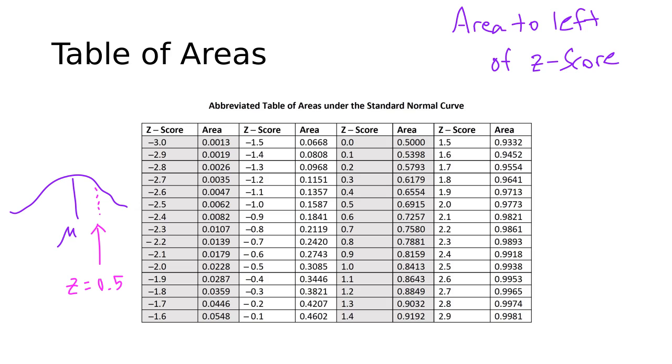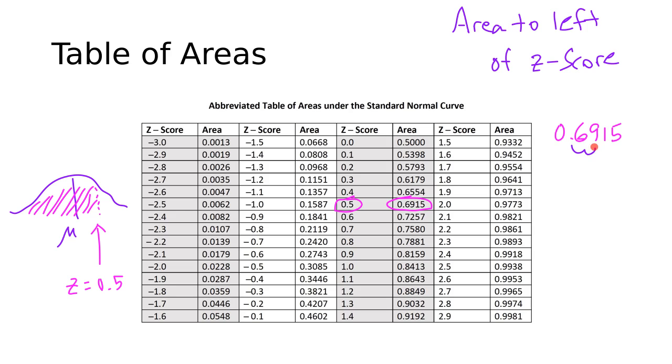What this table does is it gives me the area under the curve that's to the left of that z-score. So in my table, I go and I find 0.5 as a z-score, and I see this decimal number associated with it. That decimal number here is 0.6915. Rather than reporting the area under the curve as a decimal, we're going to report it as a percent.